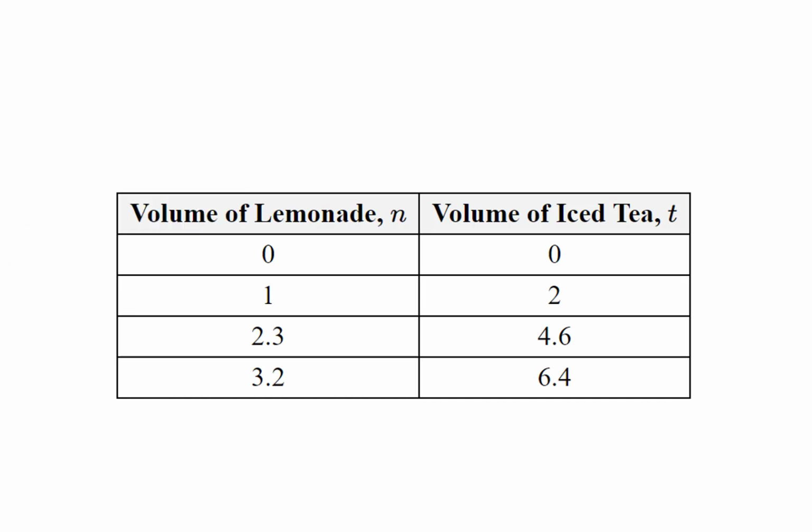So we might create a table like shown here, where we have the volume of lemonade in one column and the corresponding volume of iced tea in the other column, which just allows us to point out a few corresponding pairs of values in a nice, easy to read way, but it doesn't show us all of the pairs of values. It would actually be impossible to use a table to represent all possible pairs of values between N and T. It just highlights a few of them.